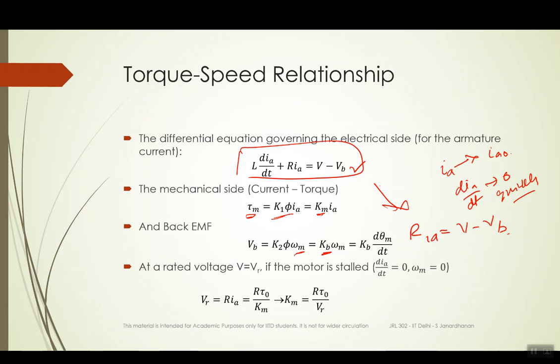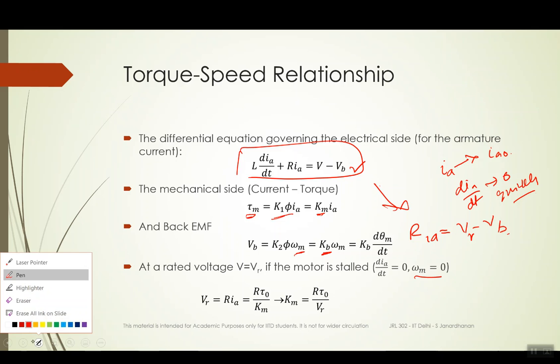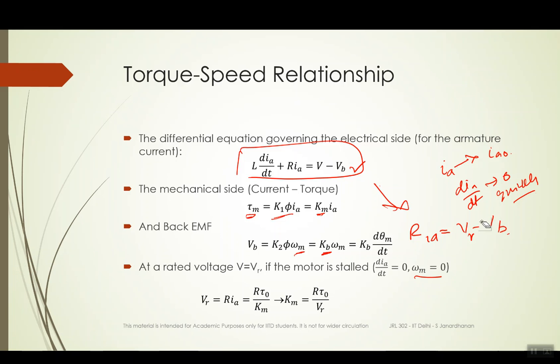Let's say you have given a rated voltage Vr, so this becomes Vr minus Vb. Now if you make omega m equal to 0, then Vb also becomes 0. That would mean this factor is not there, so R times Ia has become Vr. At this point it is going to give some torque.